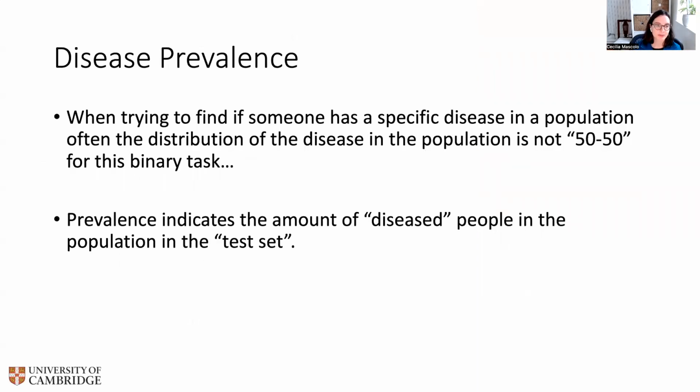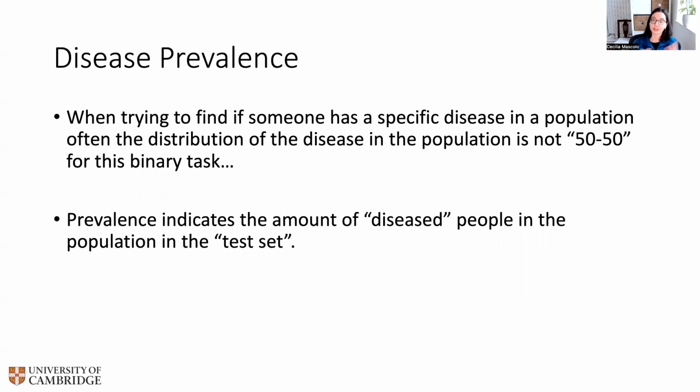One other aspect is very important when we talk about general health data: disease prevalence. I don't know how much machine learning you have done in your life, but often we work with balanced test sets and balanced training sets, especially for binary tasks, it would be 50-50. However, often in disease prevalence, you would have something like 7%, 10% of the population having the disease.